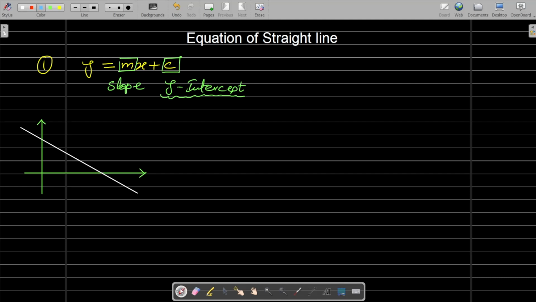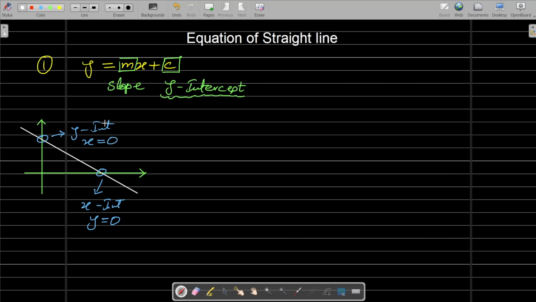This point right here is known as the x-intercept, where y will always be equal to 0.